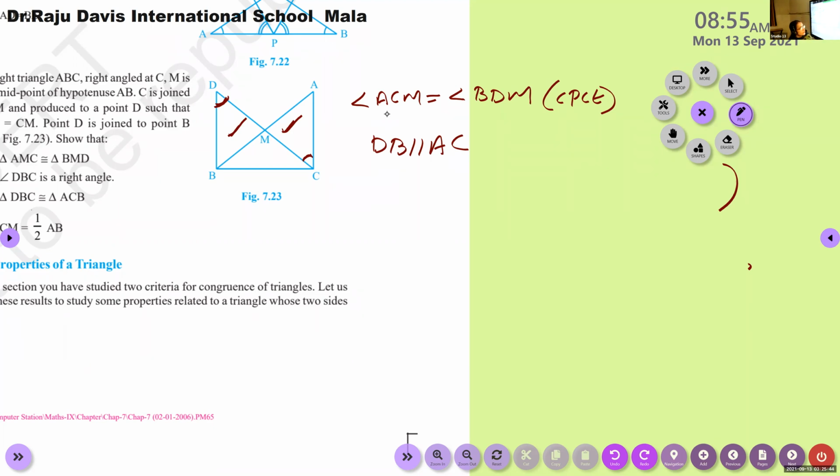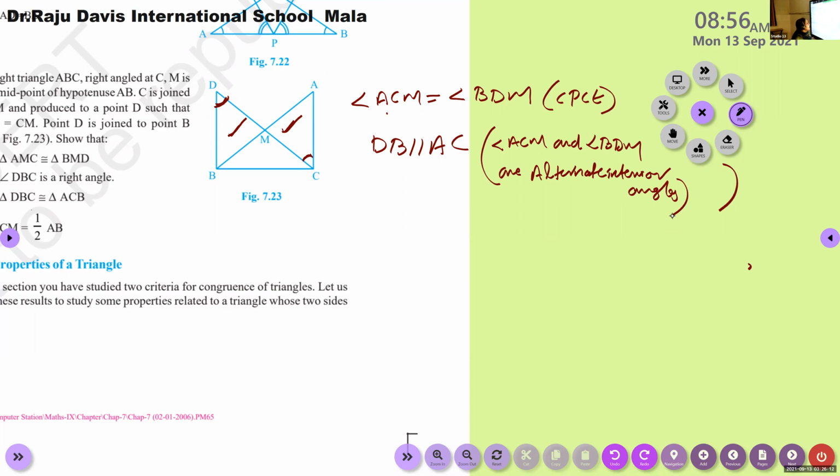Is that clear, all of you? In brackets, you can write angle ACM and angle BDM are alternate interior angles. So DB parallel to AC.